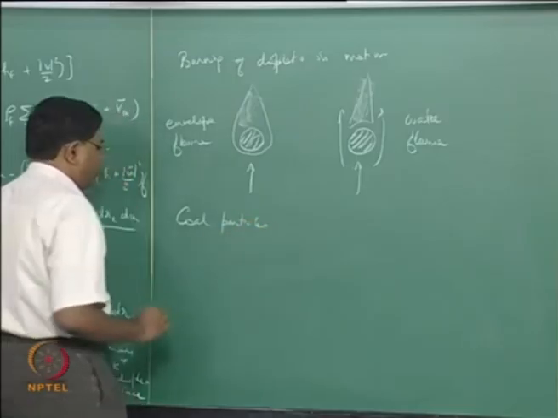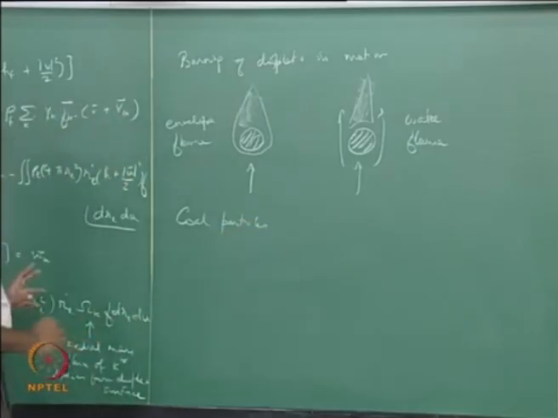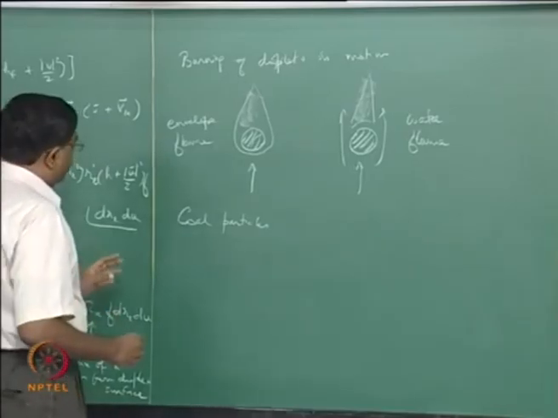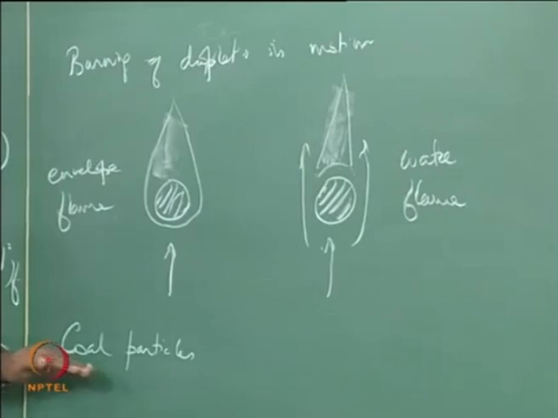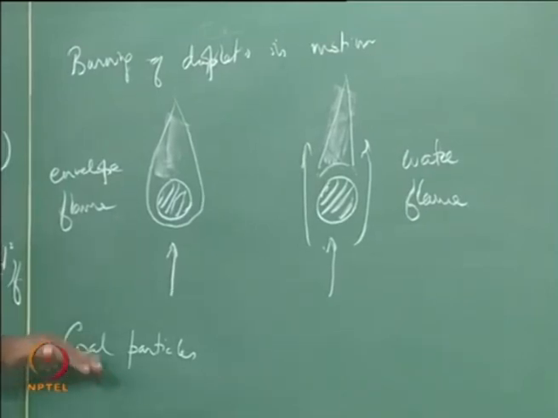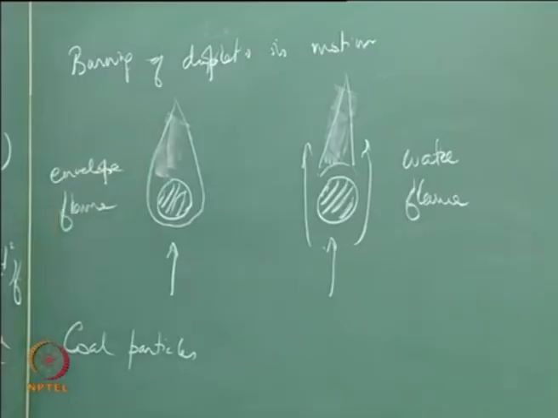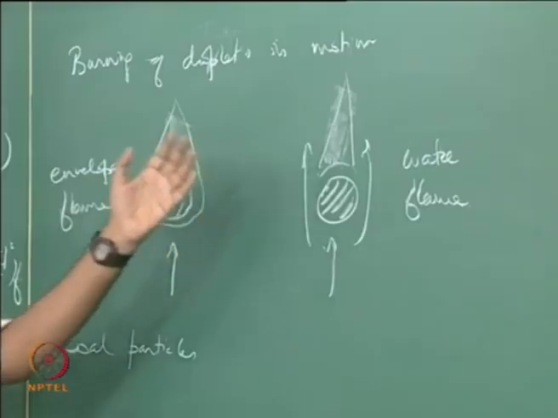the problem mainly with the coal particles is essentially twofold. One, before that, in the context of talking about coal particles, if you want to go back to liquid fuels, you can still talk about single component liquid fuels versus multi-component liquid fuels.